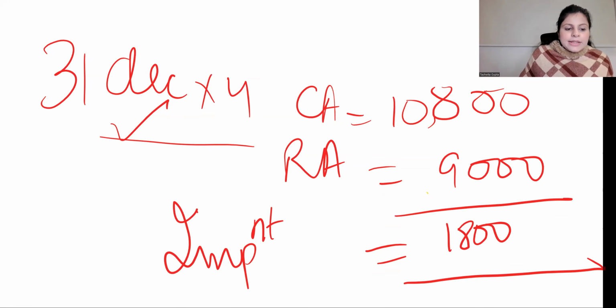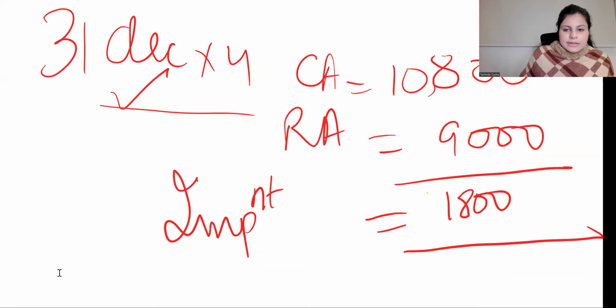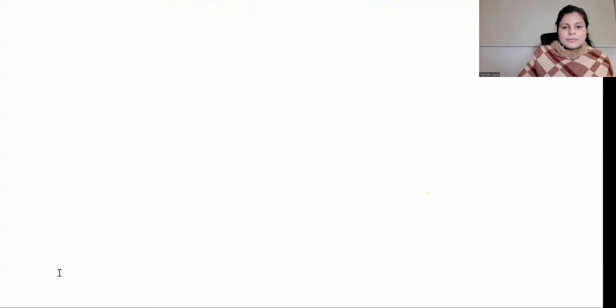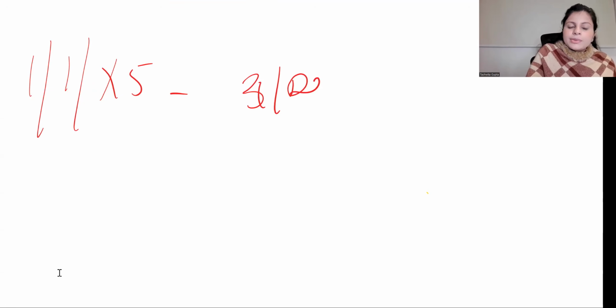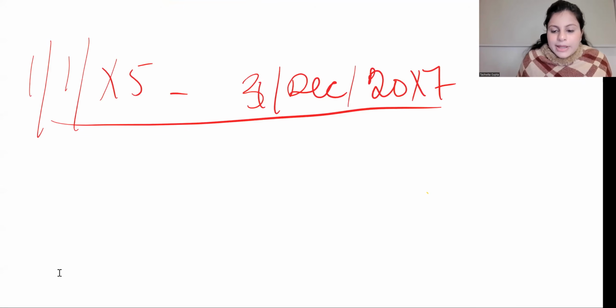From the next year onwards, which is from 1st January 2005 till 31st December 2007, I will charge depreciation on 9,000. So what is the remaining life?